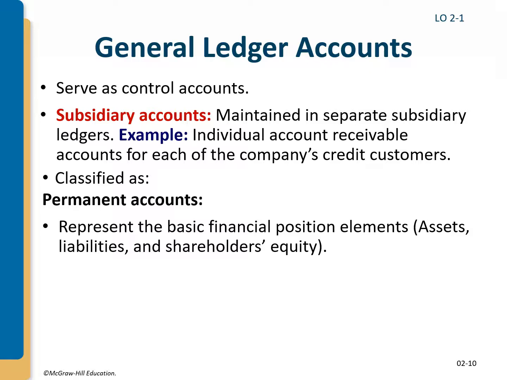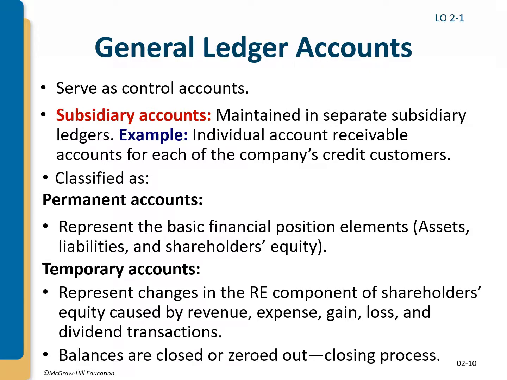Now, there are also certain accounts we call permanent accounts. That doesn't mean they don't change. It means that they don't get affected by the closing process. Temporary accounts do. These are normally accounts that change retained earnings. Revenues, expenses, gains, losses, and dividends, if you have all of those types of accounts, are temporary accounts.